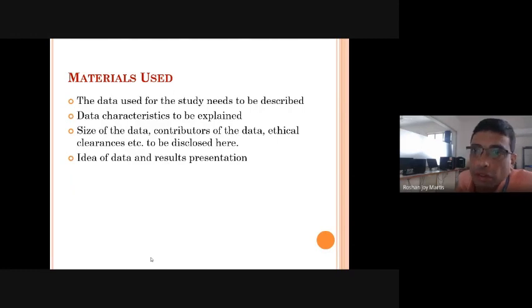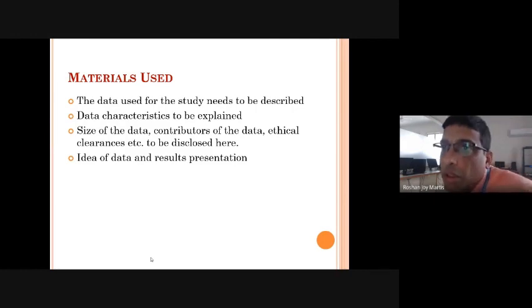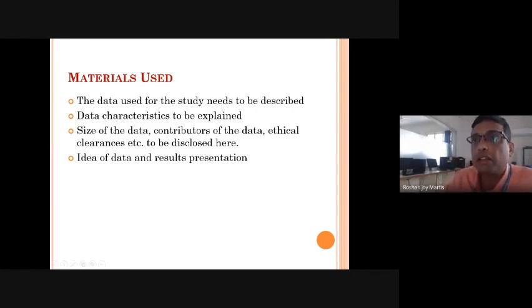And the idea of data and results presentation, this also you need to give. In experimental research, it changes slightly, depending on what materials you have. This is for quantitative computational research. Materials, what they used, I just mentioned.